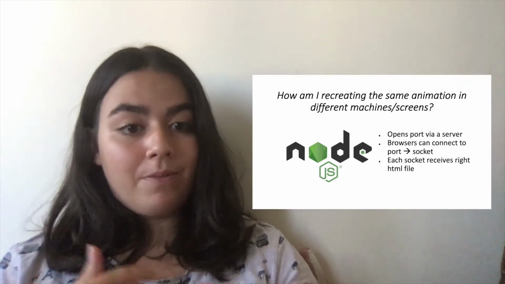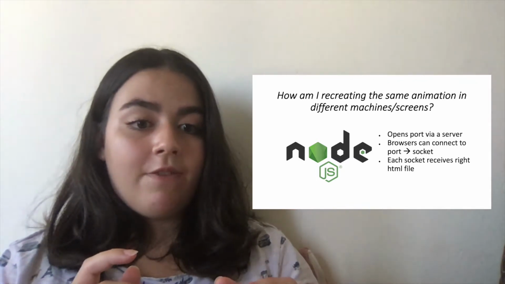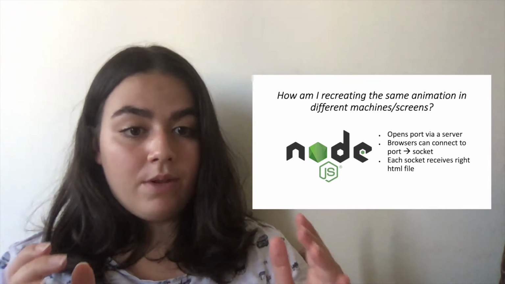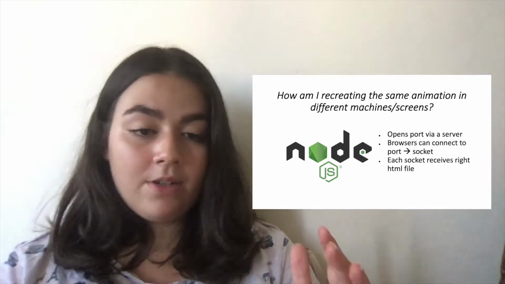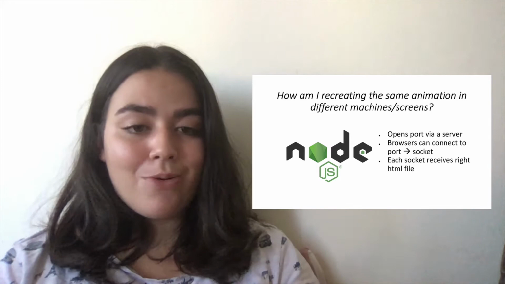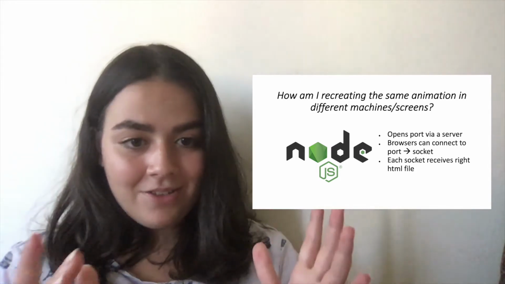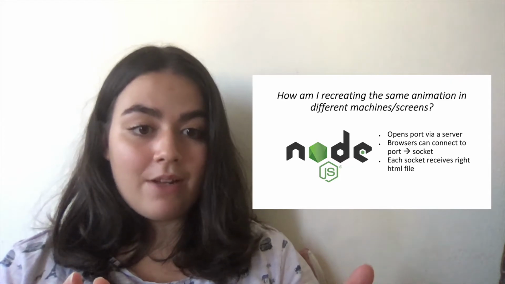This is quite useful for me because that means that anybody can just create a WebGL scene, and if I launch this server with an appropriate port with that code, then any browser that connects to that will just get the same code. I don't need to worry about how I am going to send the right animation and the right code to all the machines, because the server will do that for me.